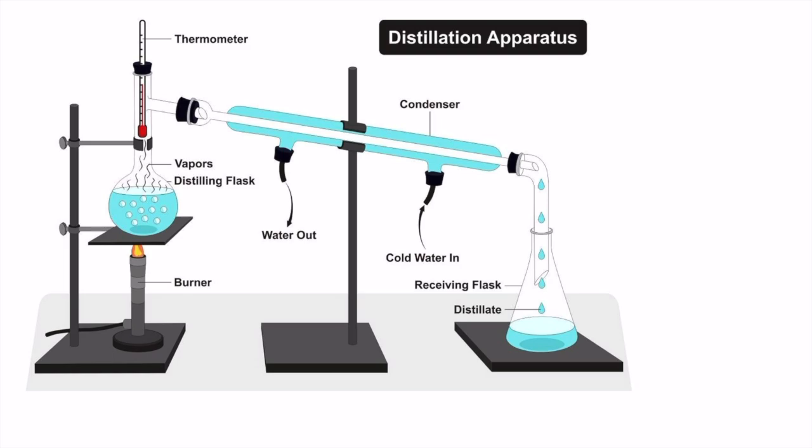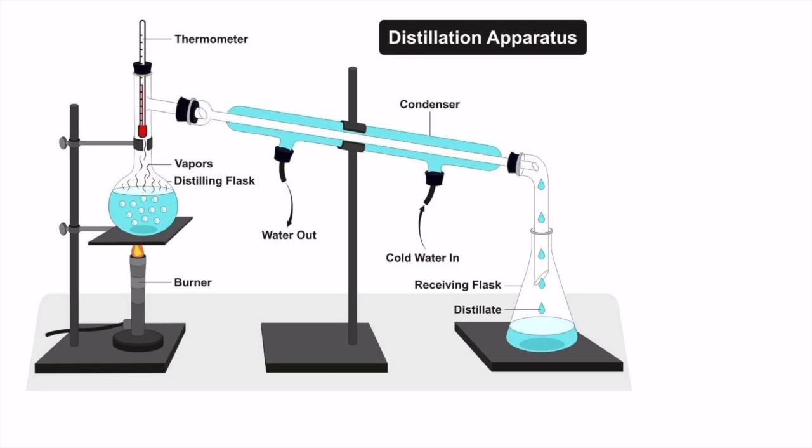So really, you can also use this distillation apparatus for evaporation as well. And there's an interesting point where you can also use the principles of boiling point to separate two miscible liquids, because different substances have different boiling points.